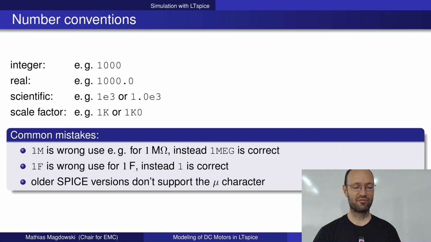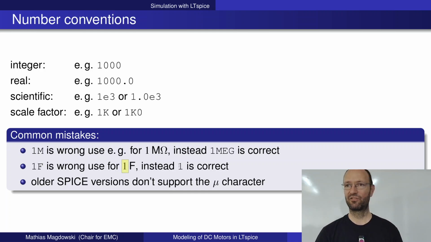If you want 1 M for a mega ohm, it will be a milli ohm instead, a totally different value. The same applies to a capacitor of 1 farad: if you write 1F, it will be 1 femtofarad, which is 10 to the power of minus 15, very, very small. So if you want 1 farad, just write 1, right?